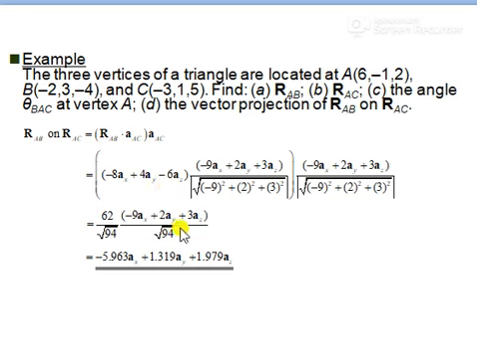So we will get 62 on top and root of 94 at the bottom, and the unit vector as it is, with root of 94 at the bottom. Finally you will get this projected vector, minus 5.963 ax plus 1.3 ay plus 1.9 az. This is the projection of RAB on RAC.